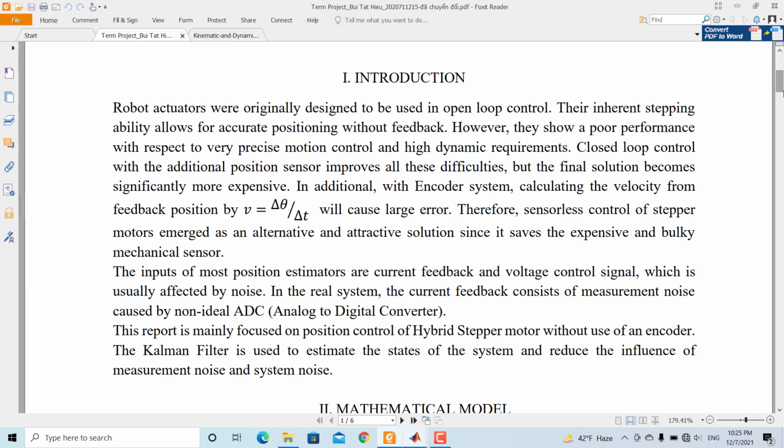Robot actuators were originally designed to be used in open-loop control. Their inherent stepping ability allows for accurate positioning without feedback. However, they show poor performance with respect to very precise motion control and high dynamic requirements.